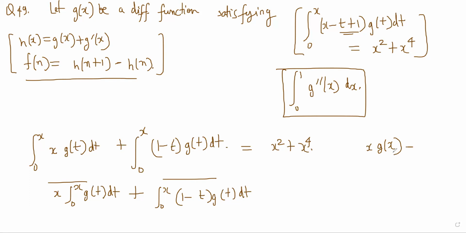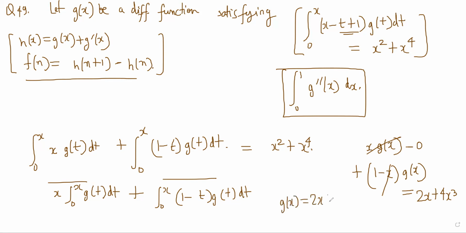We are getting this, nothing else here, minus 0, plus 1 minus x g of x is equal to 2x plus 4x cube, right? So notice that xgx and this xgx cancel. So what is left with gx is equal to 2x plus 4x cube. Then obviously g dash x is equal to 2 plus 12x square.